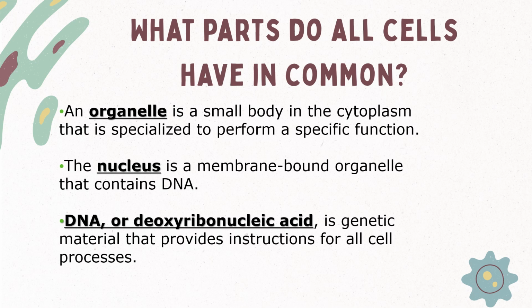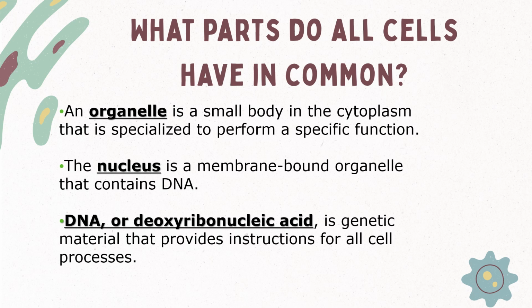We have DNA with genetic material like the color of our eyes, our skin, and our hair, all things that come from genetics. So DNA is a genetic material that provides the instructions for all cell processes.